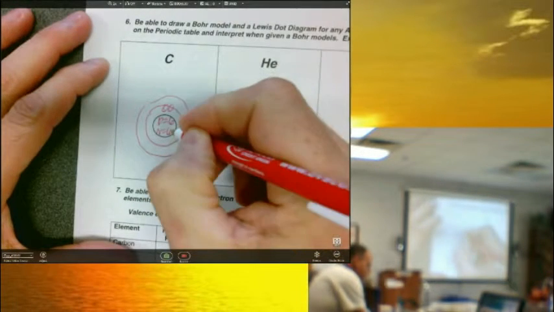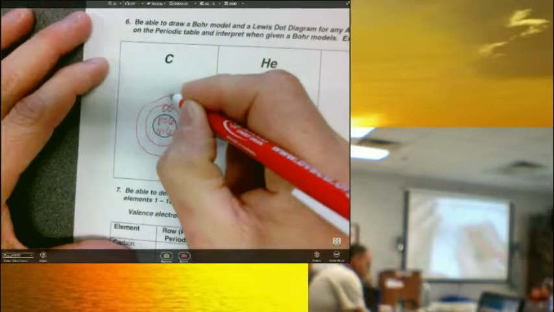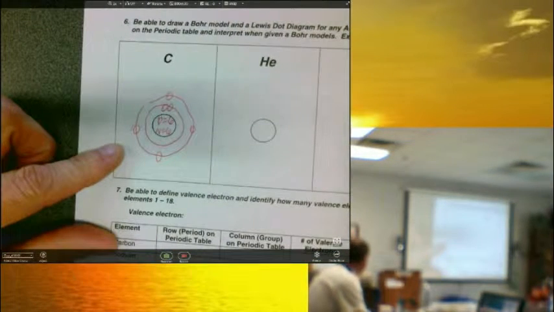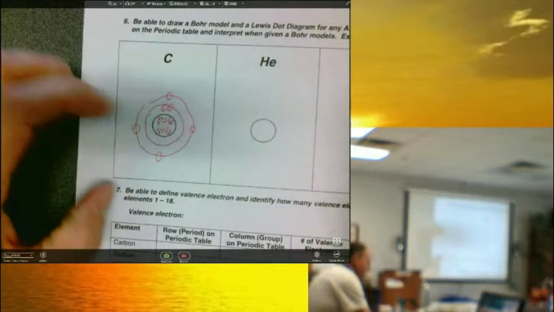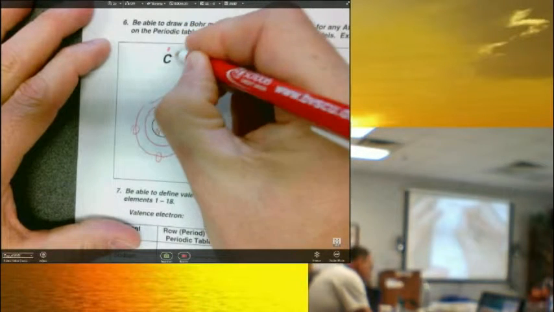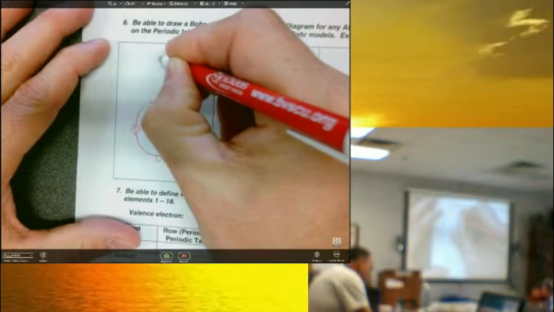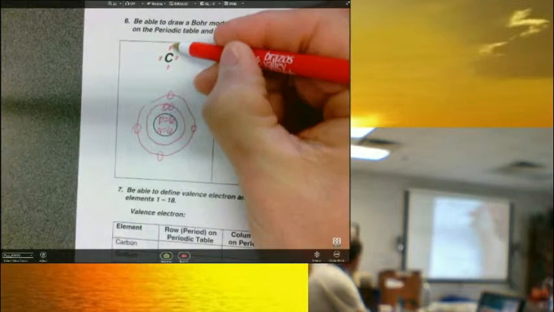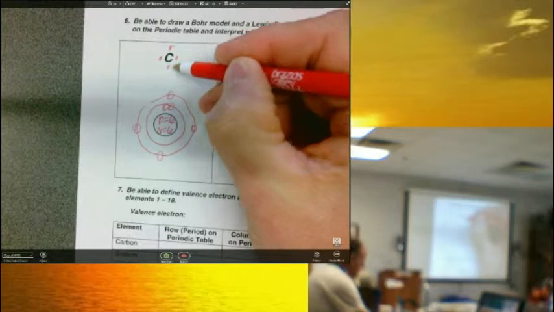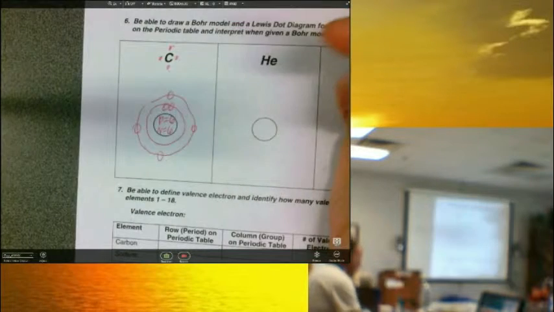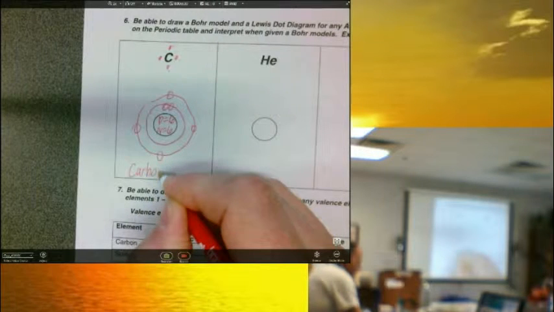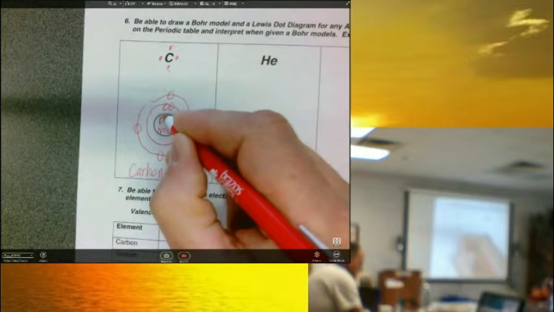We need a total of 6, so 2, 3, 4, 5, 6. There are 4 valence electrons, those in the outer shell, and that means that when you do the Lewis dot diagram, you have to show those 4 valence electrons. Remember, starting at the 12 o'clock position, 3 o'clock, 6 o'clock, and 9 o'clock position. This one is carbon 12 because it has a mass of 12.